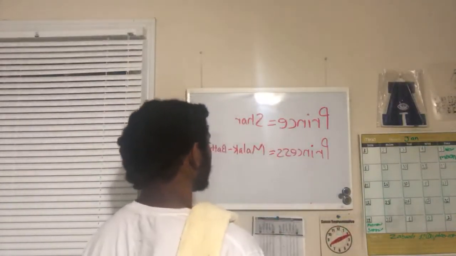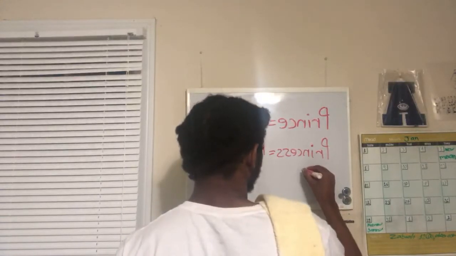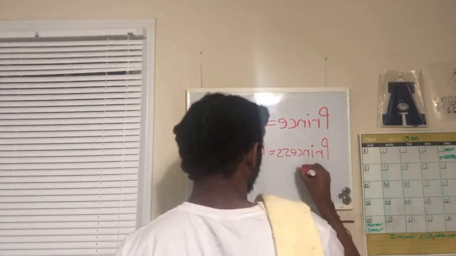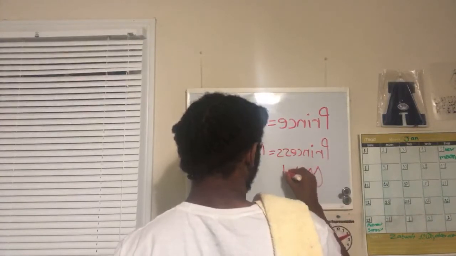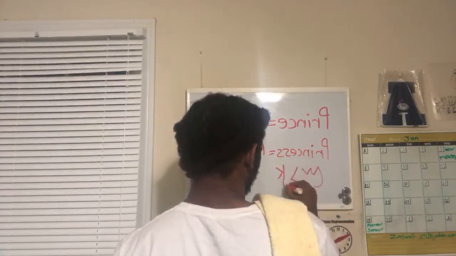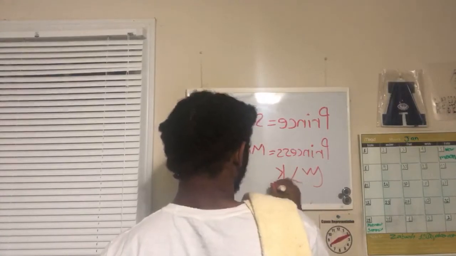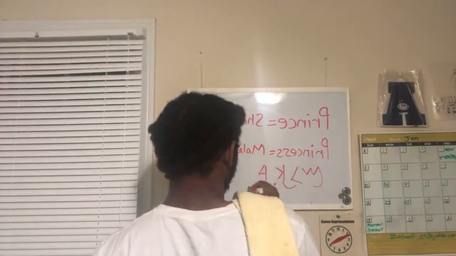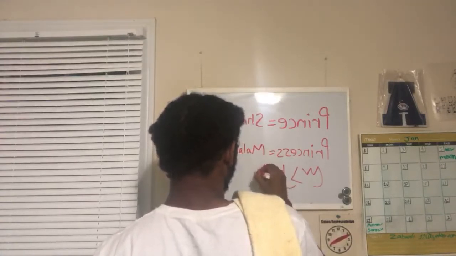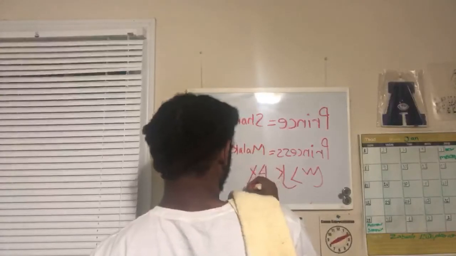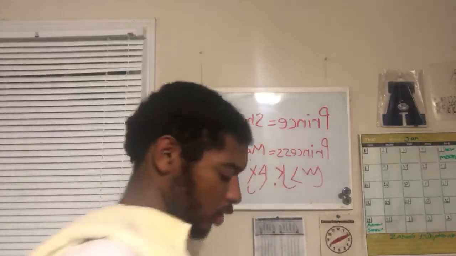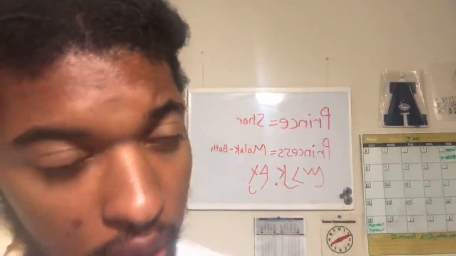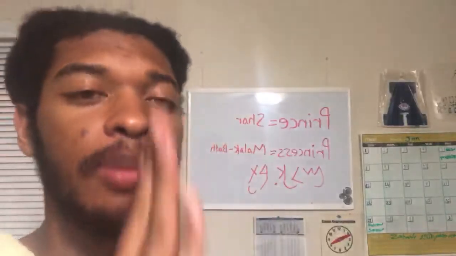I'll just write it out for you. So that's what it would look like in the paleo. You would have Malik, a point, Bath, to separate them.